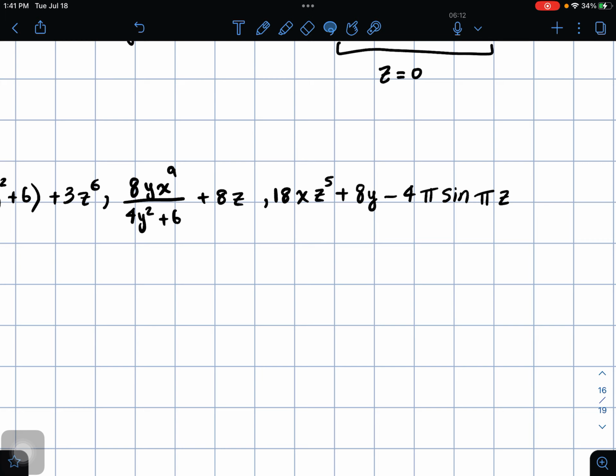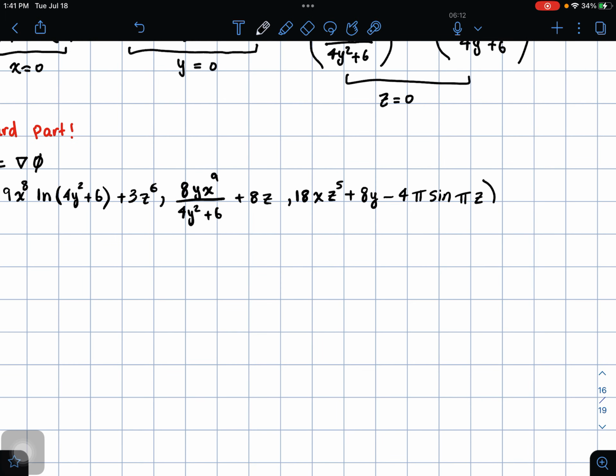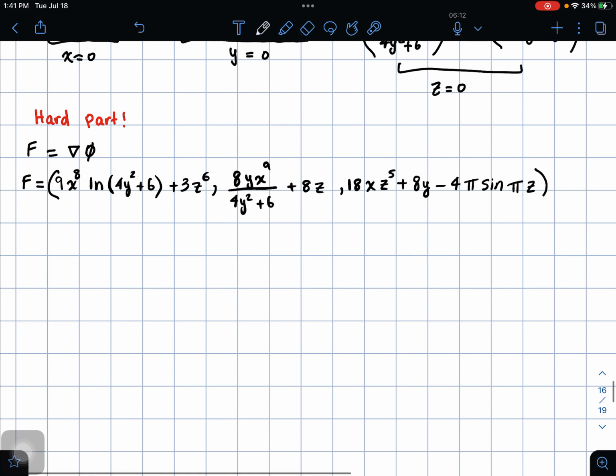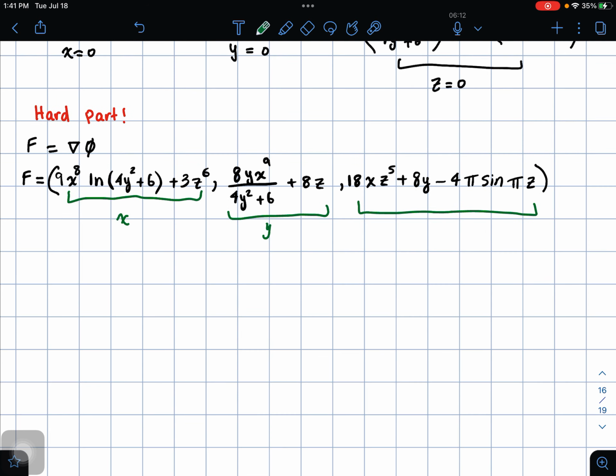Okay, so this is our coordinate form. I'm just going to separate it a little bit because it can be confusing. So this is x, this is y, this is z.